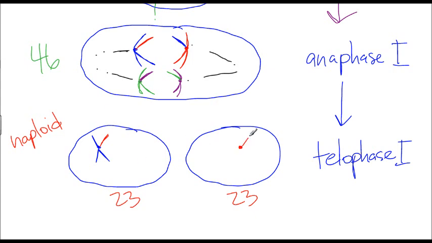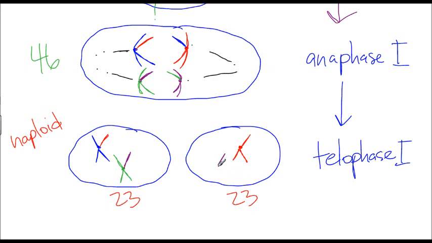And let's draw the other. We have here on this side, so notice which chromosomes we've got on each side. We've got half of the homologous pairs.